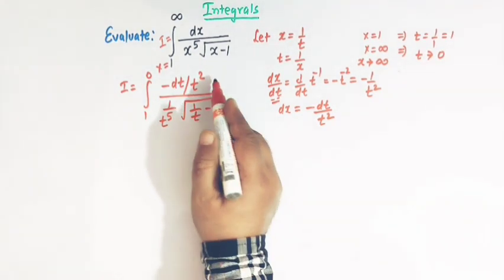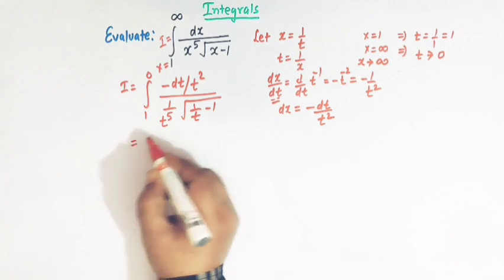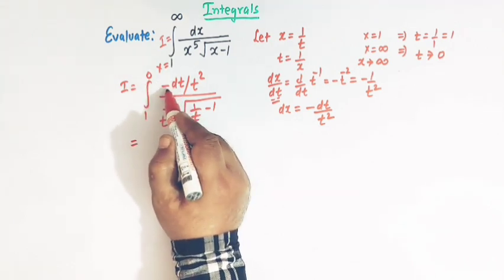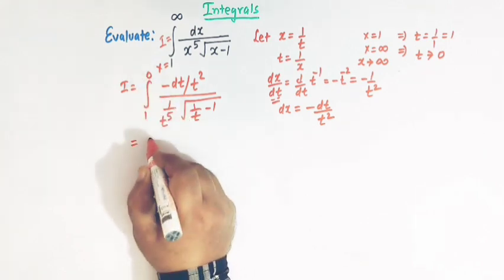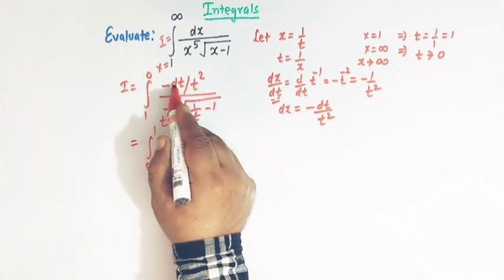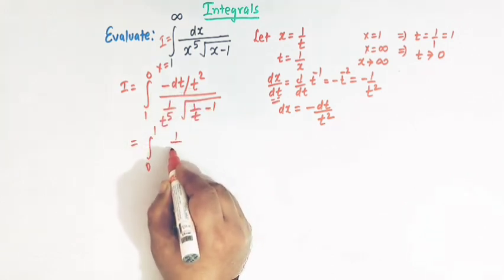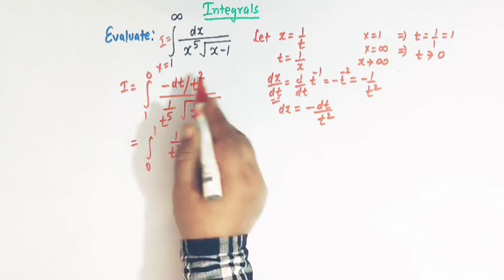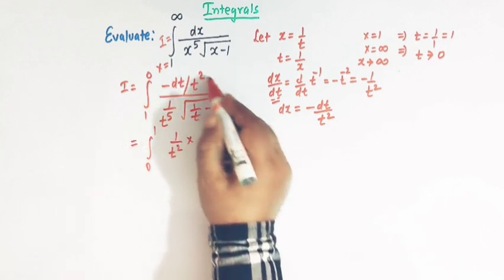So now let us simplify this. Here we have a negative sign, so we can neutralize this negative sign by interchanging the limits. So we have 0 to 1. Here we have 1 over t square, and then we can take 1 over t raised to 5, that is t raised to 5, to the numerator.